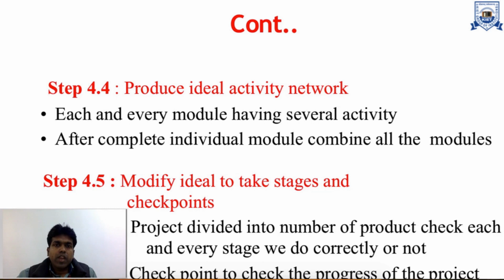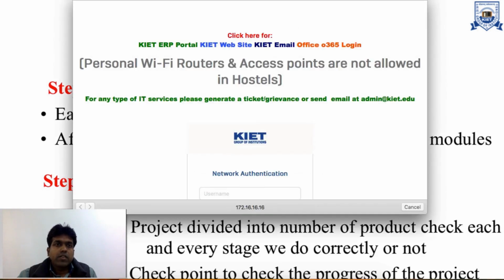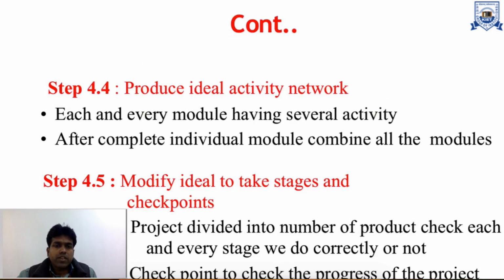Produce ideal and activity networks. Each module has several activities, so after completing individual modules, we'll have to combine all the modules. The next step is modify ideal to take stage and checkpoints. Products are divided into a number of products.